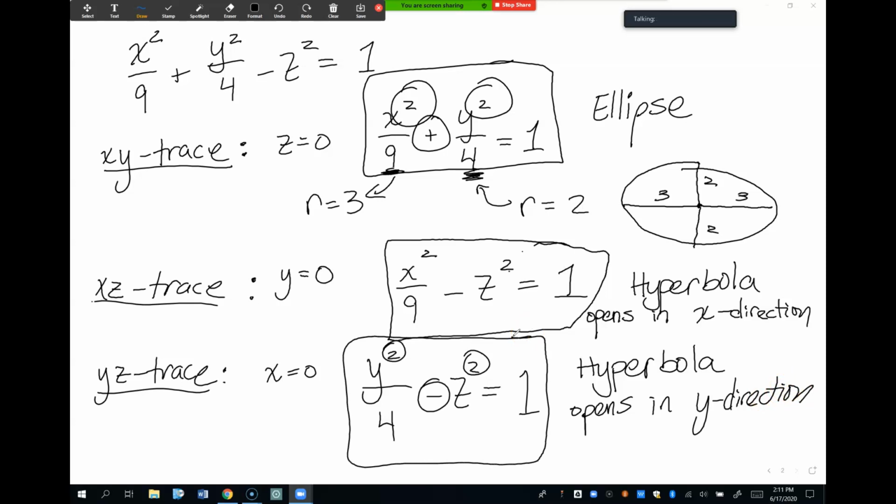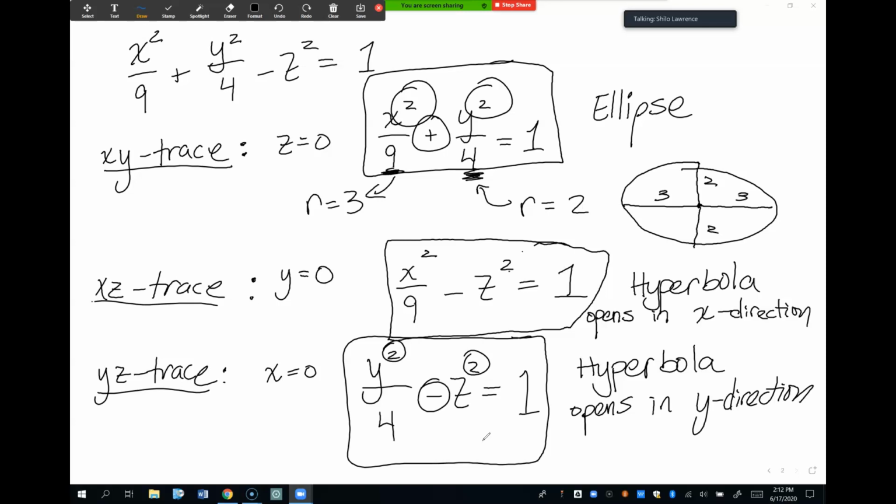Now, probably the hardest part of all of this is to take all of that stuff and try to put it together to get a three-dimensional graph. I am not wonderful at graphing in 3 dimensions, and I don't expect you guys to be experts at it either. I'm not ever going to ask you to graph these by hand.